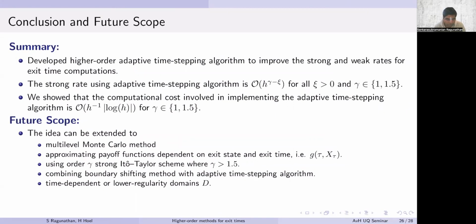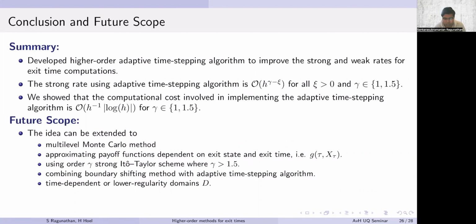The third extension would be to consider using other higher order schemes in order to improve the convergence rate. And fourth would be to try combining this algorithm with the boundary shifting method, which was shown before, and see if it actually does improve the convergence rate and the computational complexity involved.